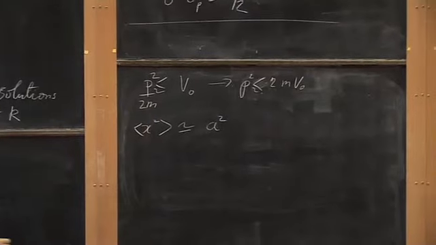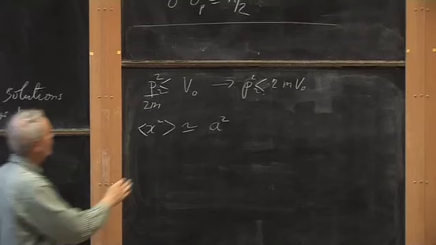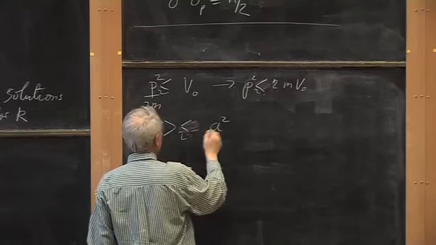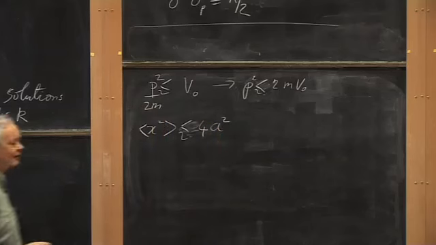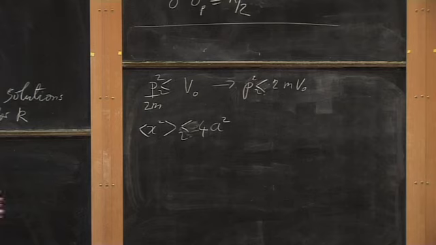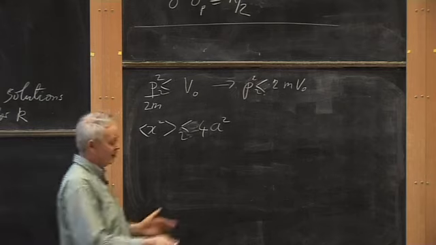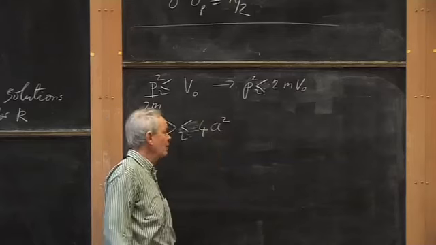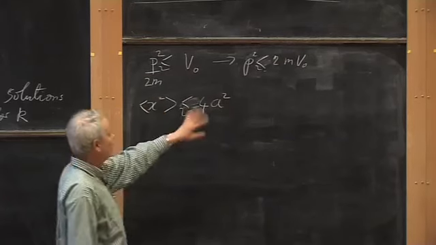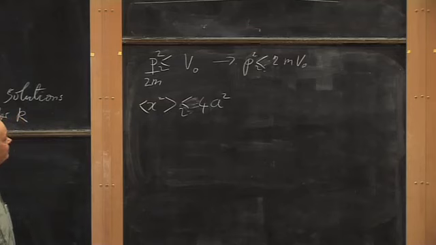Seems reasonable, doesn't it? I'll put in a factor of 2 or 4, just to be sure that the less than is holding. Because the thing is trapped by a potential well that extends only from plus a to minus a, so it has a range of 2a that it can run in. So we say x squared is definitely less than 2a squared. It's clearly less than that, significantly less than that.